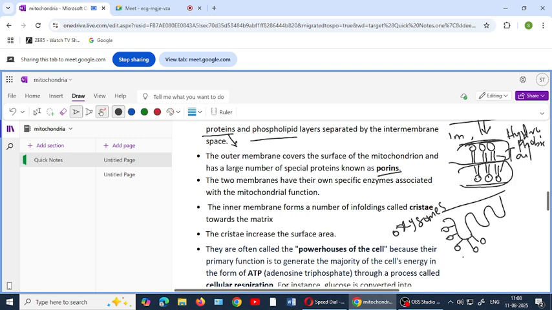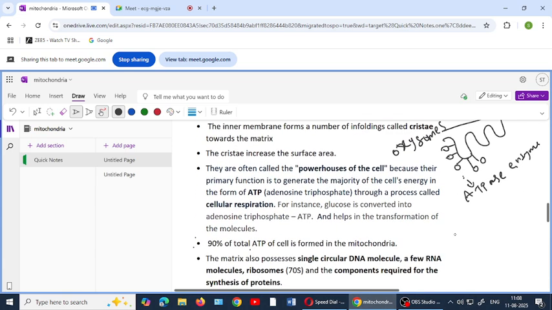I think you studied this in the previous year. ATPase enzyme. The ATPase enzyme is present here, and this ATPase enzyme produces what?